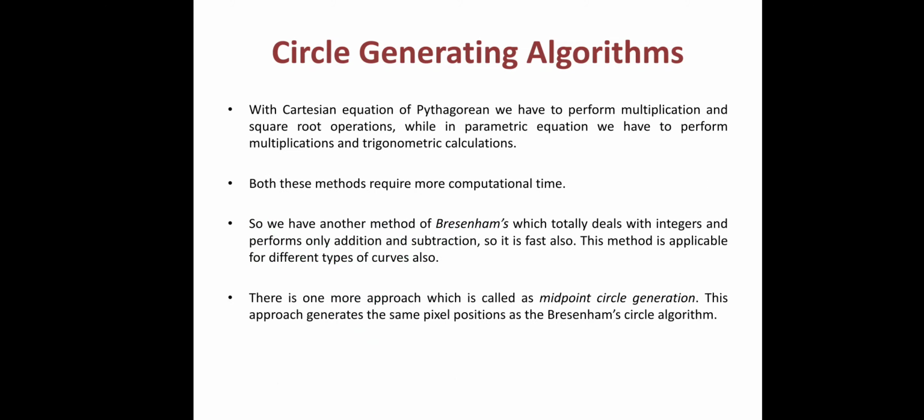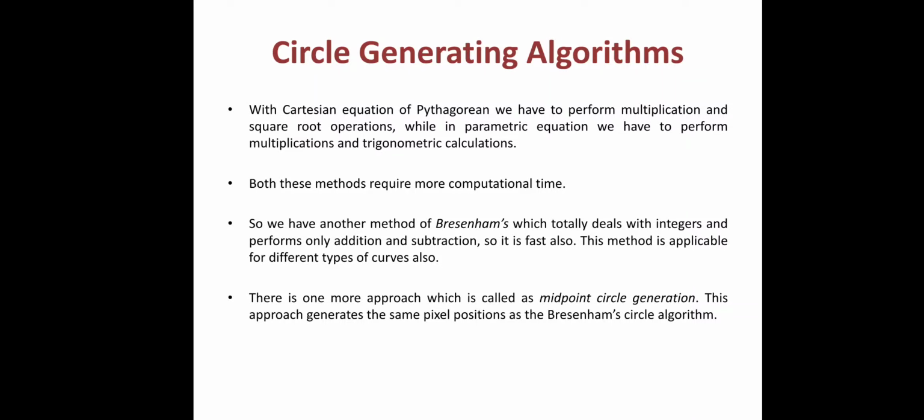Okay. With the Cartesian equation that we have used, the Pythagoras theorem, we are performing multiplication and square root operations, right. We have seen the equation. And when we use the parametric equation, we are finding r cos theta, r into cos theta, right.